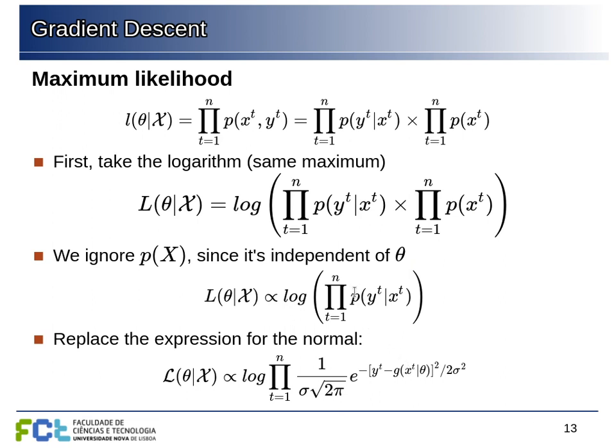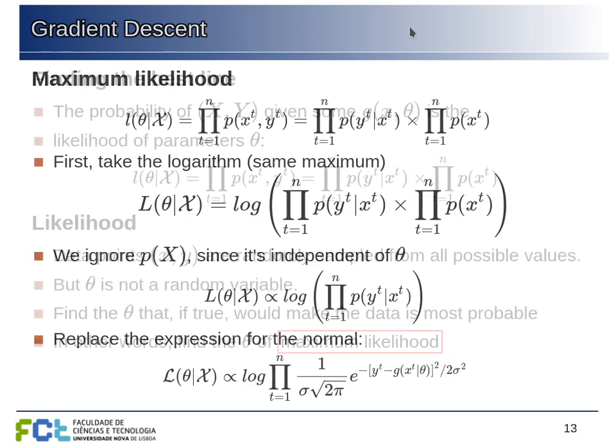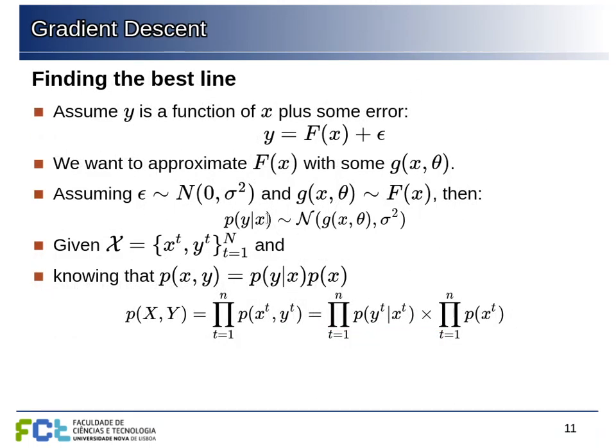And now we know also this conditional probability, because we can write it as a function of our prediction, because we assume that the difference between our prediction and the y value that we're trying to predict will depend on some error that has a normal distribution.